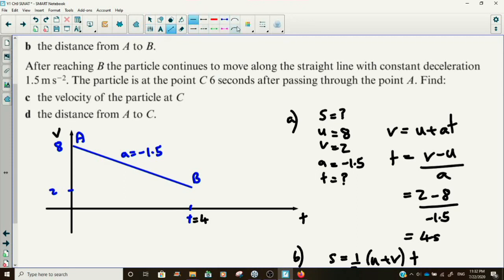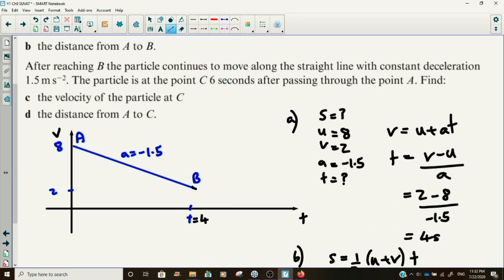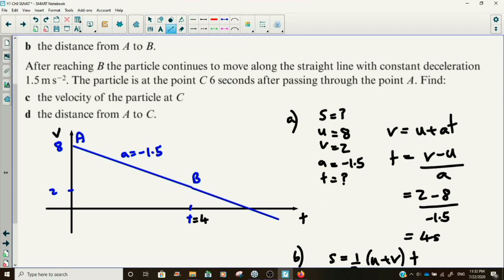So let's just put in the rest of that line. Okay, so we're going to go from here. Oh, that didn't work, did it? Okay, so we're going to put in that line from there and something like that.